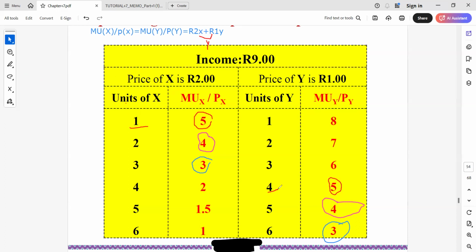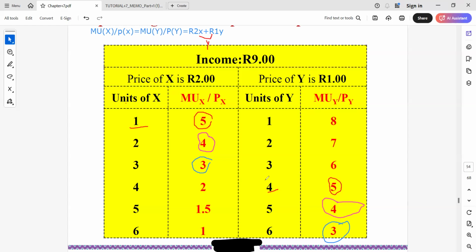The first condition is met, since the marginal utility per rand for good Y equals that for good X. But will the second condition be met? By consuming these two units, will the consumer spend all her income?